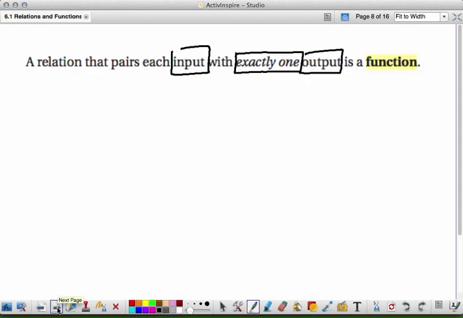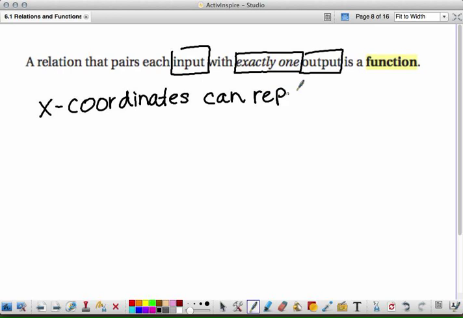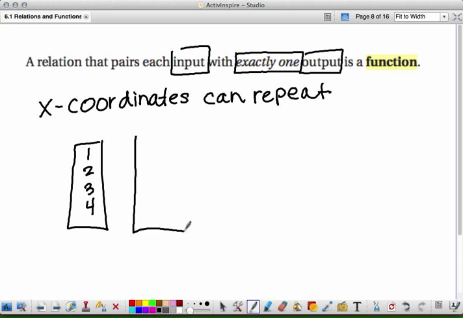Now, whenever you look at these, one kind of trick that you can remember is that your x coordinates can't repeat. And let me show you what I mean by that. If we have x coordinates of 1, 2, 3, 4, and we have y coordinates of 1 and 3.